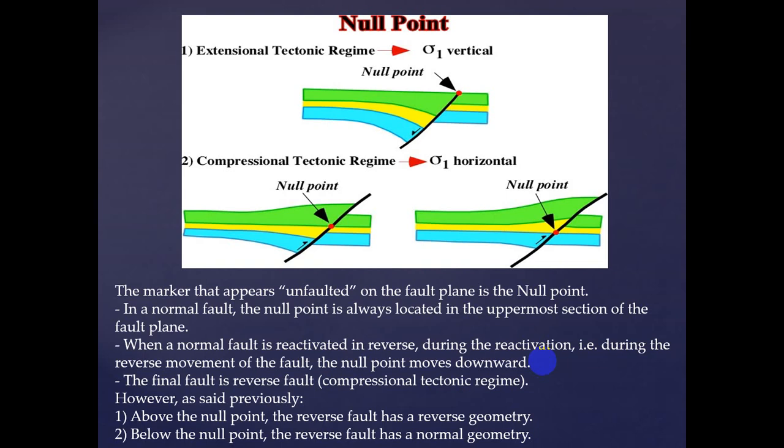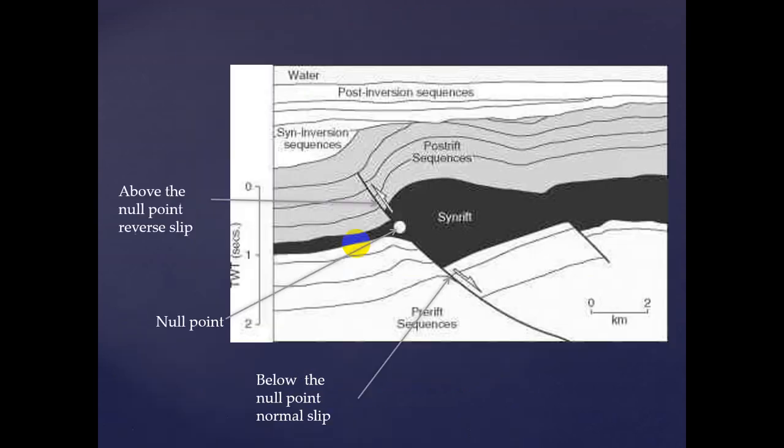The final fault is a reverse fault. However, above the null point, the reverse fault has reverse geometry. Below the null point, the reverse fault has normal geometry. In general, this fault now becomes reverse, but the appearance of the fault above the null point is reverse geometry, and below the null point is normal geometry.